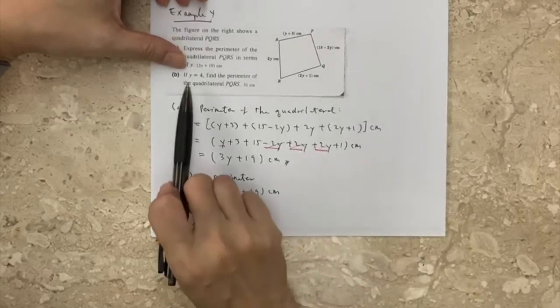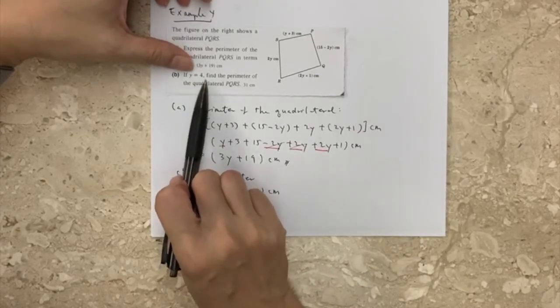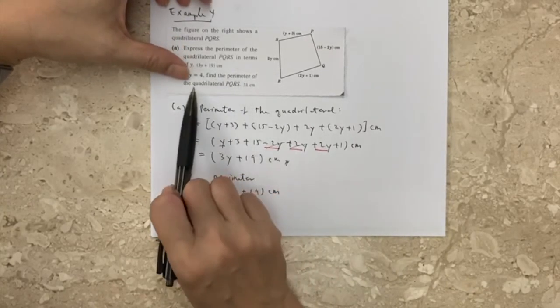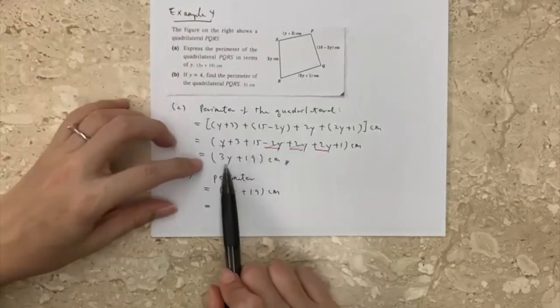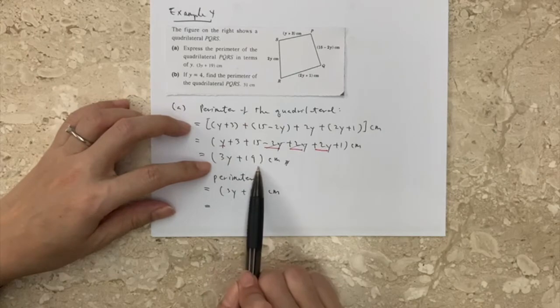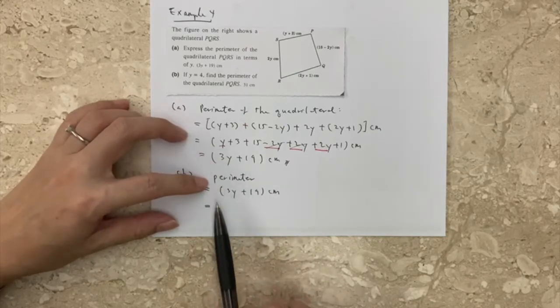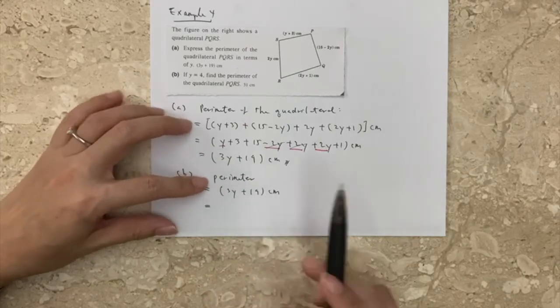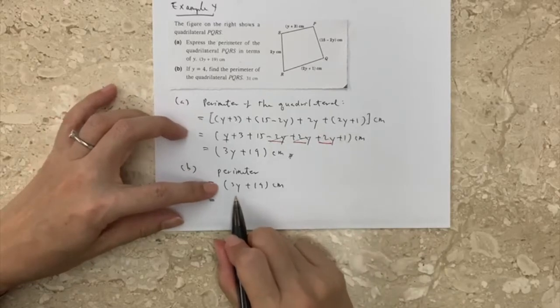Next we are given that y is equal to 4, and I need to find the perimeter of the quadrilateral. Since I already have the perimeter in terms of y, that is 3y plus 19. I repeat that one more time: 3y plus 19. After that I do substitution.